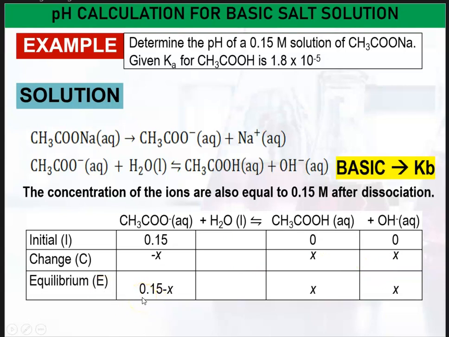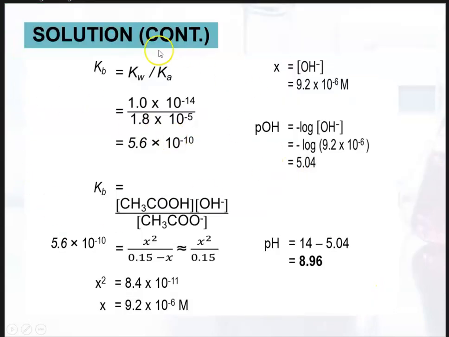At equilibrium, when the reaction finishes, we will have 0.15 minus x, and x and x. Then you solve this calculation to find the OH concentration, to find the pH. pOH first. Then from pOH you get the pH.